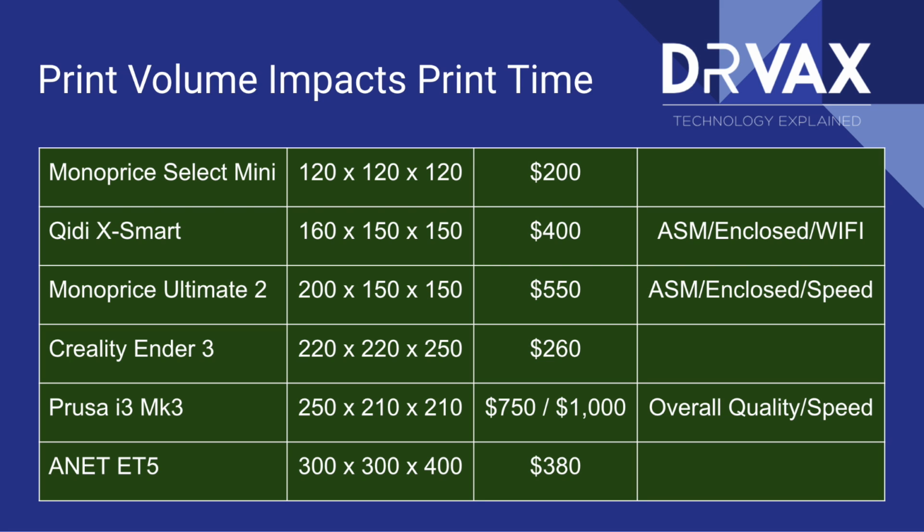And then I have an ANET ET5, which along with my Monoprice MP10 are my two largest printers. I'm actually becoming quite a fan of the ET5. It's priced well, and it does allow you to load Marlin on it, so you can use this open source software that's very powerful. So print volume is important, but don't buy more volume than you need.